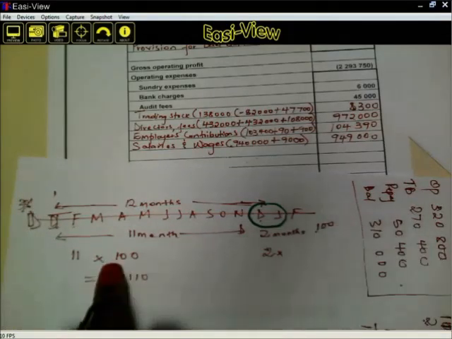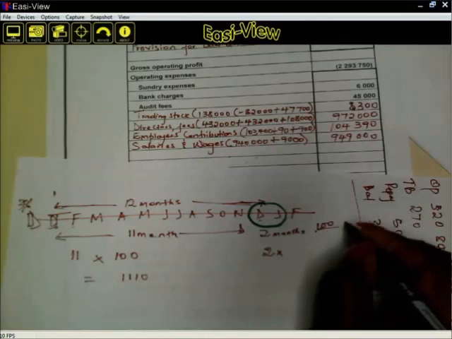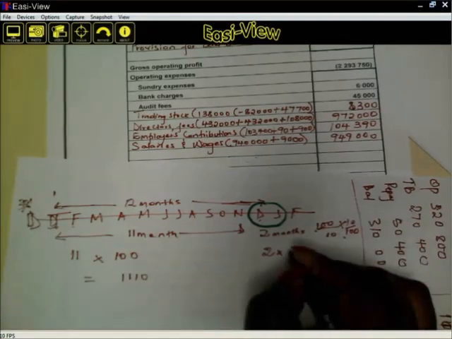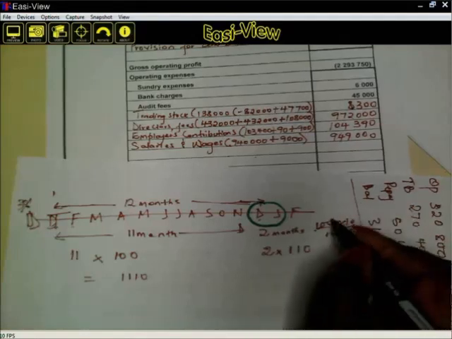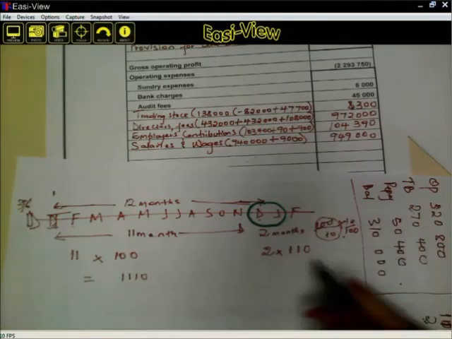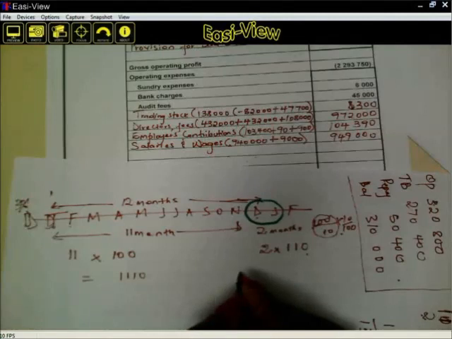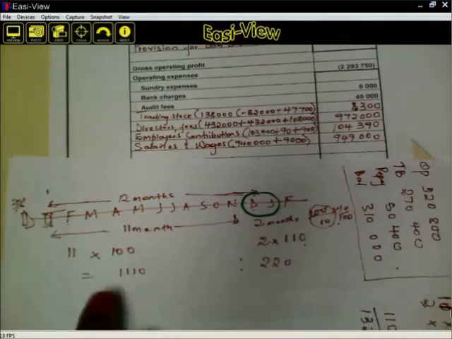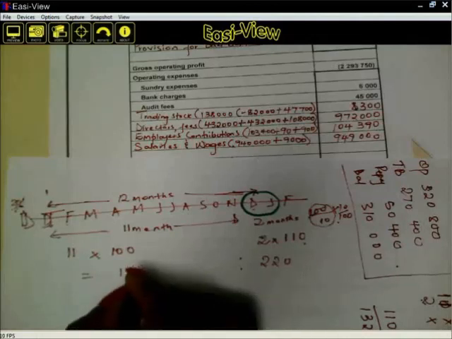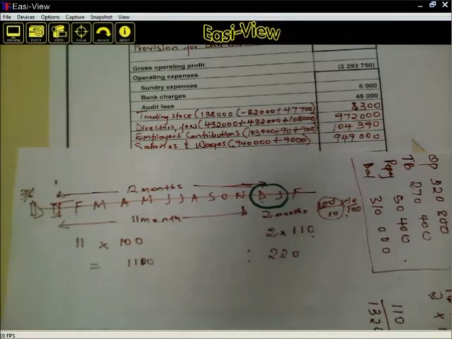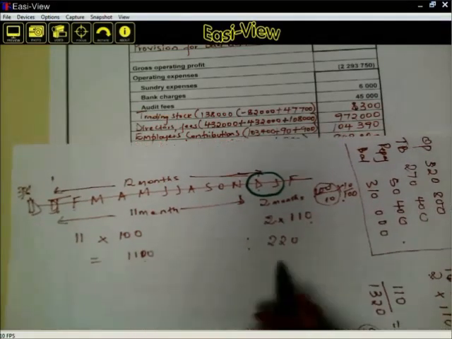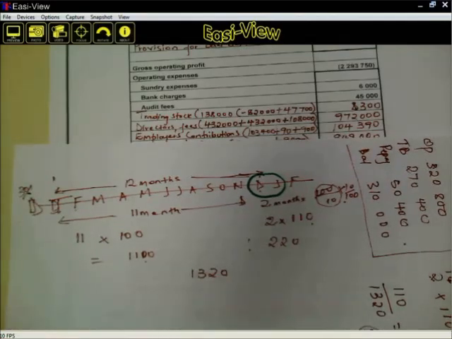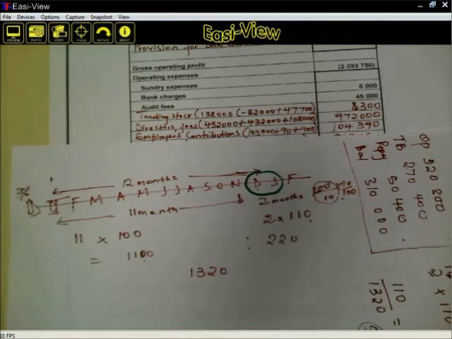If the rent was 100 rand and it was increased by 10 over 100, it will be 10 rand, therefore the rent will be 110. 100 rand plus 10 rand will give you 110. Then you'll be having 220. So you add the two together. 1,100 plus 220, you'll be having 1,320.